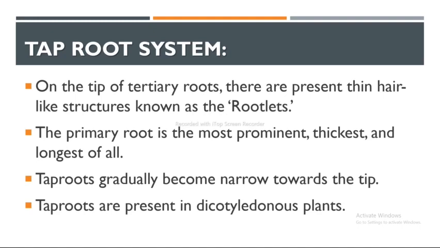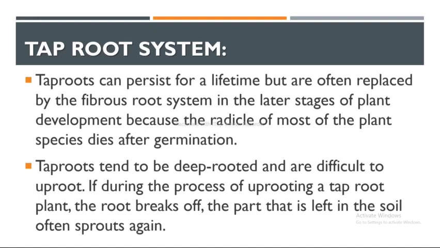Taproots gradually become narrow towards the tip, and taproots are present in dicotyledonous plants. Taproots can persist for a lifetime but are often replaced by the fibrous root system in the later stages of plant development because the radicle of most plant species dies after germination.